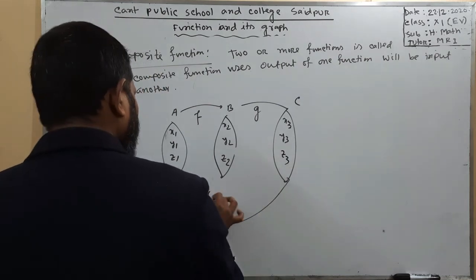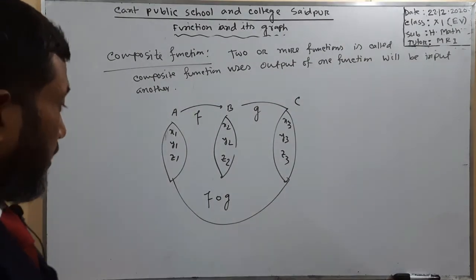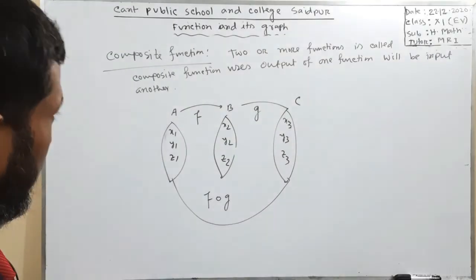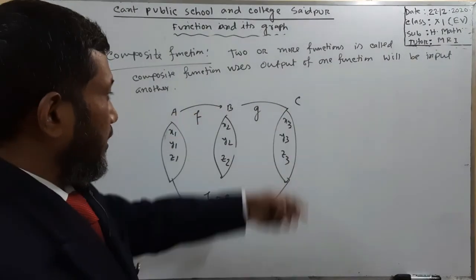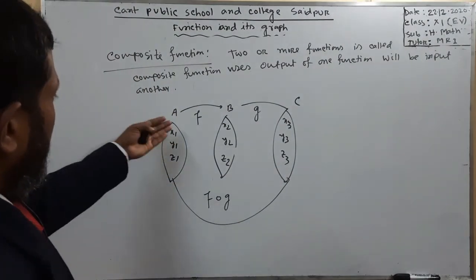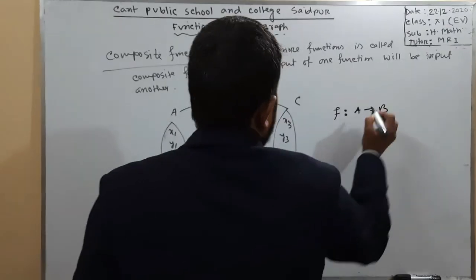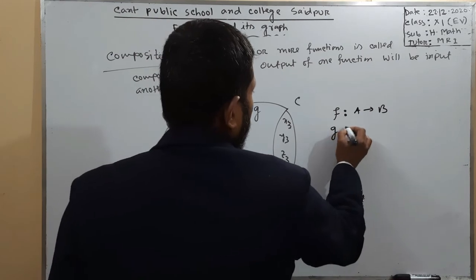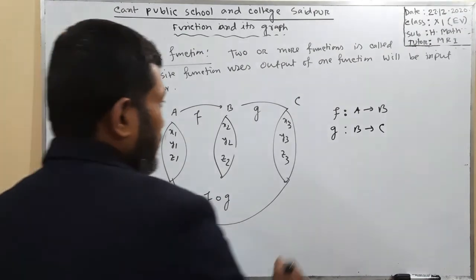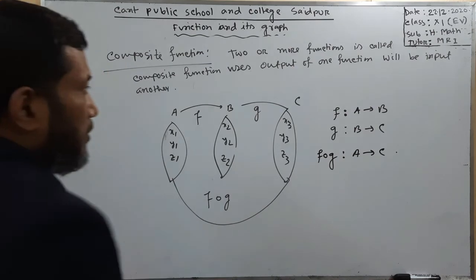Then the function f of g from A to C will be the composite function. Here A, B, C are non-empty sets. The function f such that A tends to B and function g such that B tends to C define the composite function f o g such that A tends to C.